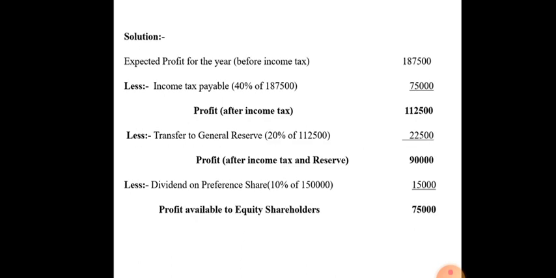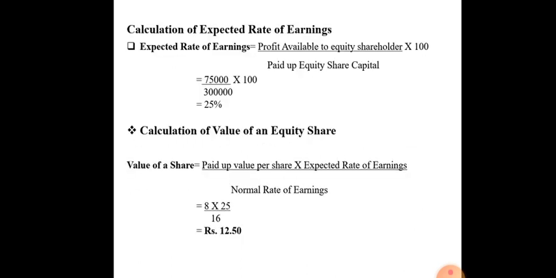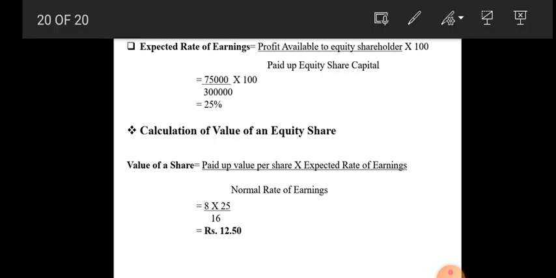So this 8 is nothing but the paid up value per share. Into the expected rate of earnings, which we already ascertained as 25%, divided by the normal rate, 16. So you will get 12.50, it's the value of shares. Like this you have to calculate the value of shares under the expected rate in valuation based on the rate of earning.